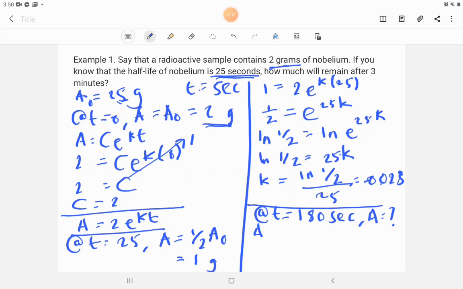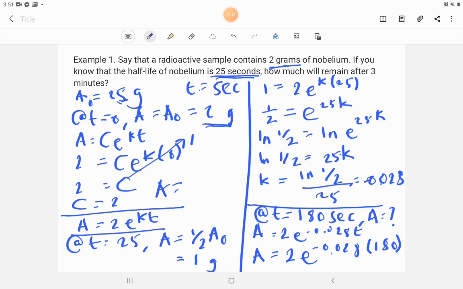We have A equals 2, C is 2, right? e to the power of k, but k is negative 0.028, times t. So we replace t with 180. So A equals 2 e to the negative 0.028 times 180 seconds.